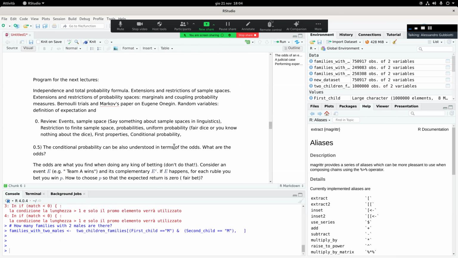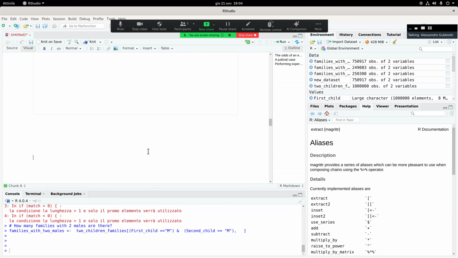to what I wanted to show: sorry, the number of families with two males is 1/3 of the total number of families with two children with at least one male.